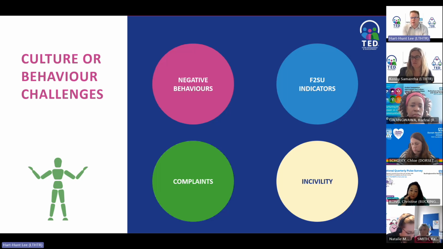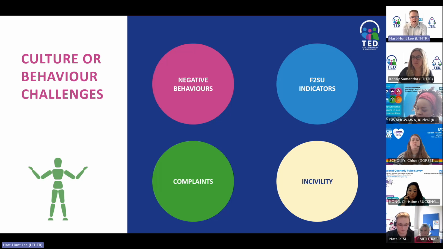But what we do with that is we'd look for other evidence. It might be things like our staff survey results are suggesting that the culture in a particular team might need working on, or that there are multiple different reports of things going on that we might want to tackle in terms of a culture approach with TED.